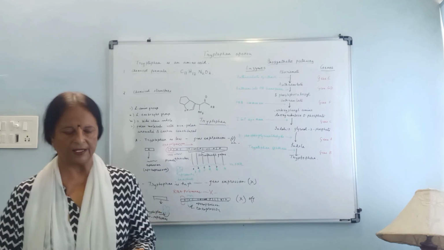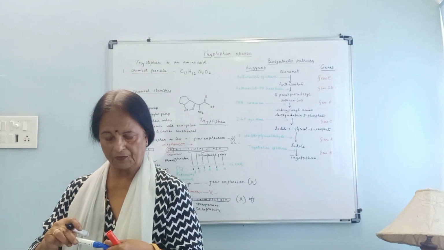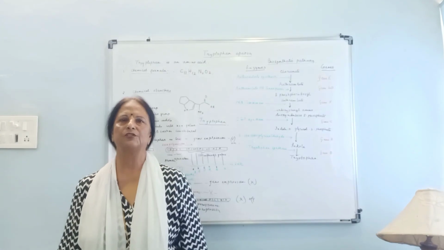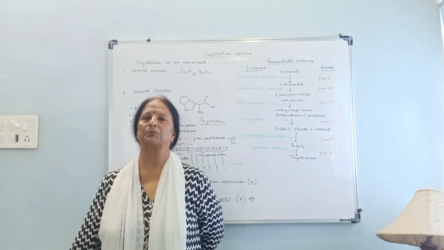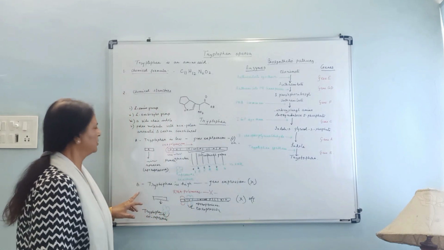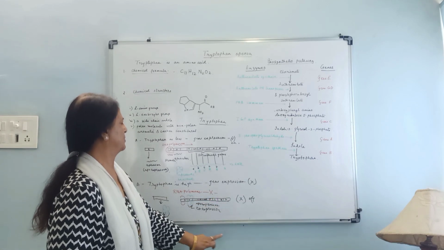So tryptophan is synthesized when there is a low level of tryptophan. When there is a high level of tryptophan, there is no need for synthesis of more tryptophan. So the tryptophan here acts as a co-repressor to inhibit gene expression.